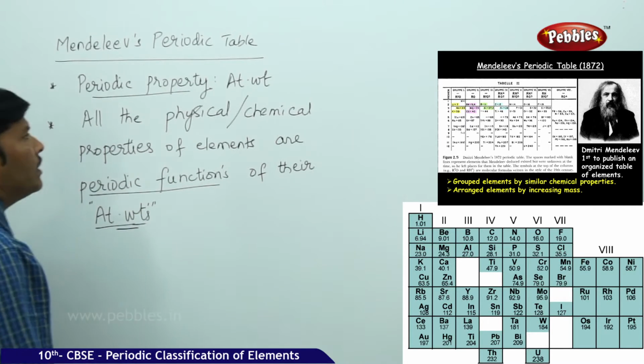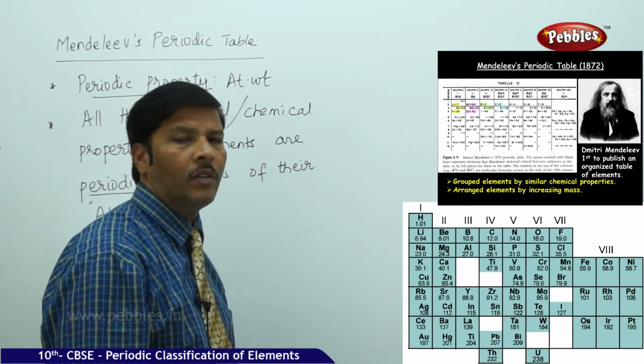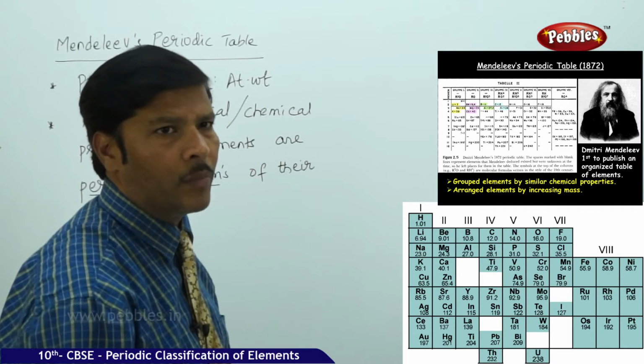So Mendeleev has taken the atomic weights into consideration while placing the different elements in the periodic table.